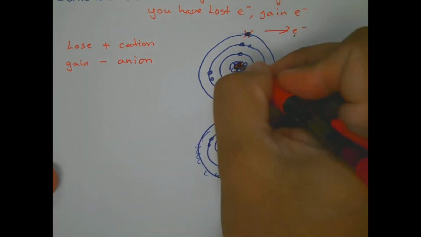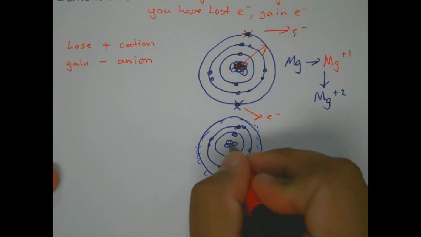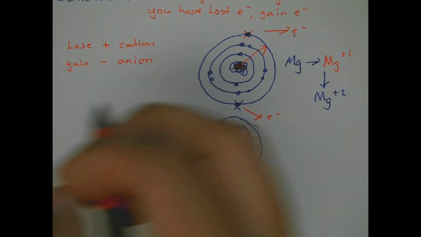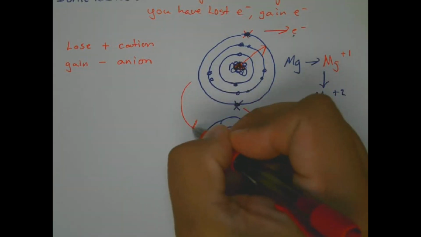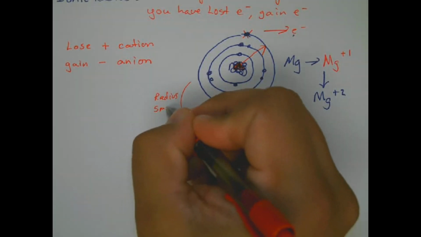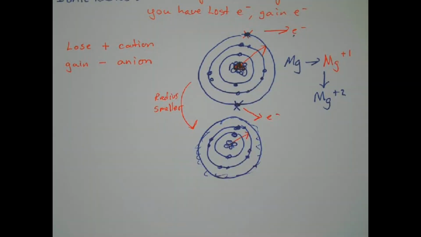We went from a big radius from here to here to a smaller radius from here to here. So what happened to the radius when we lost electrons? The radius got smaller, right? The radius got smaller. Okay? The radius got way, way smaller.